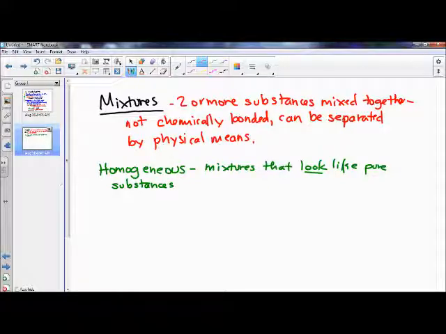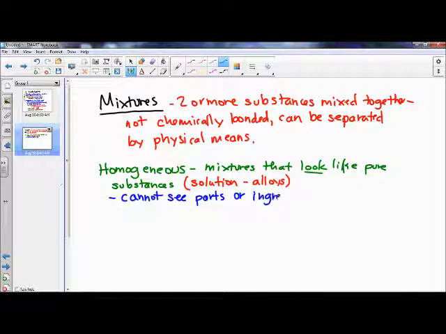Another word for a homogeneous mixture is a solution. Metal homogeneous mixtures are called alloys. So for a homogeneous mixture, you cannot see any of the parts or ingredients, even under a microscope.